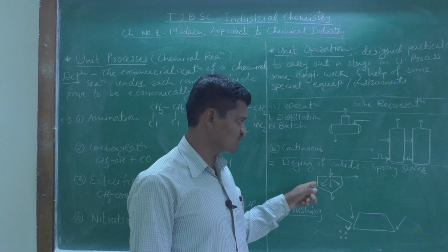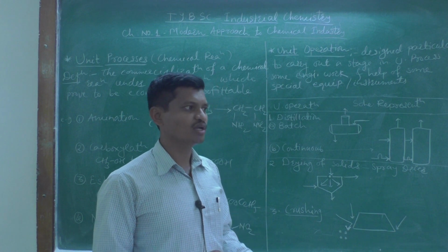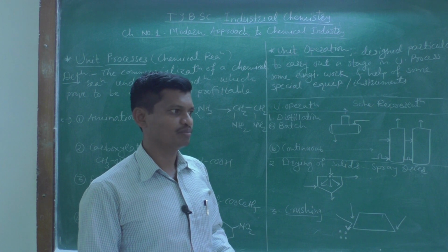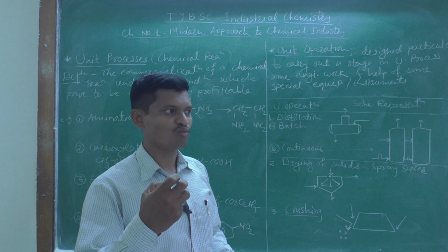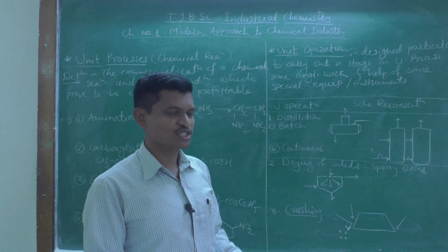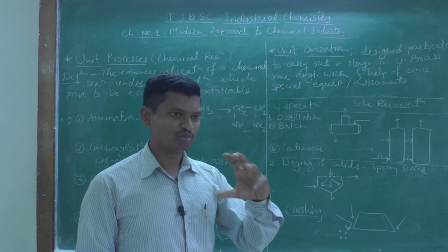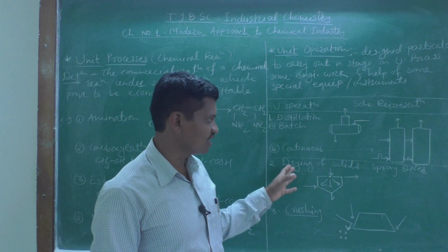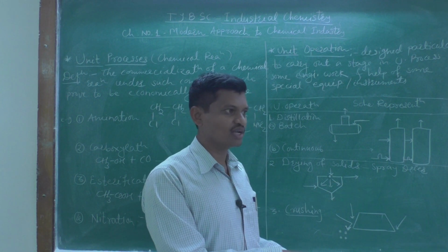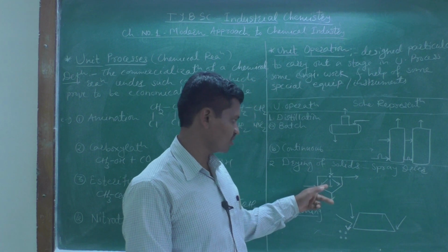Spray dryer means just like when a barber sprays water on our head, or when we spray pesticides on crops, a mist is formed with the help of a nozzle. Just like that, solids are dried with the help of a spray dryer, where we spray liquid compounds and they get converted into solids. This is shown by this figure.